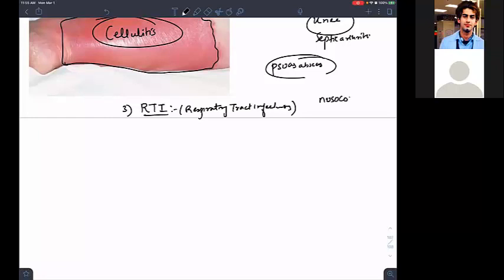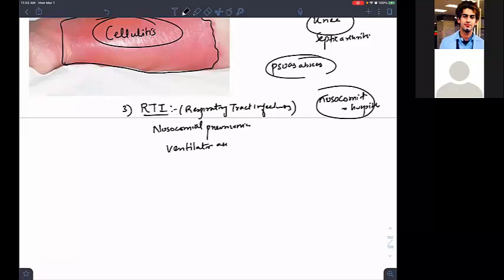Nosocomial pneumonia is caused by Staph aureus, and ventilator associated pneumonia is also caused by Staph aureus.